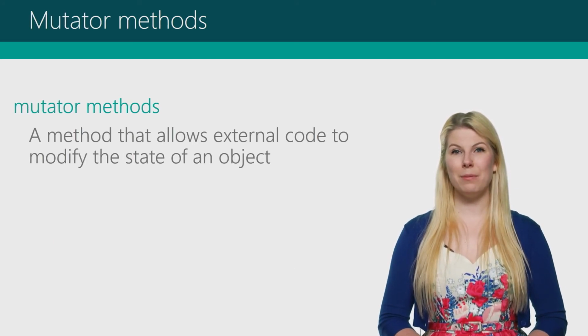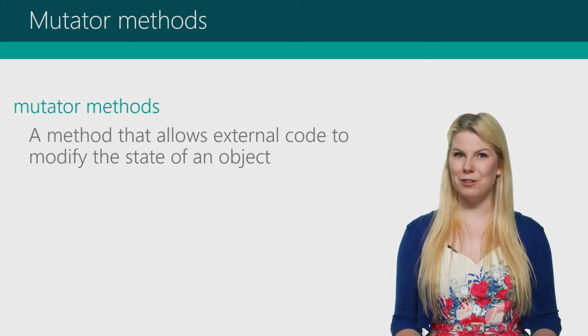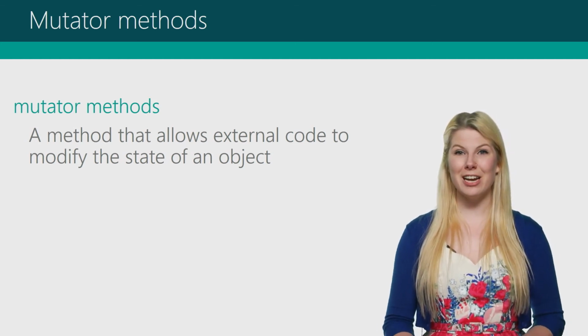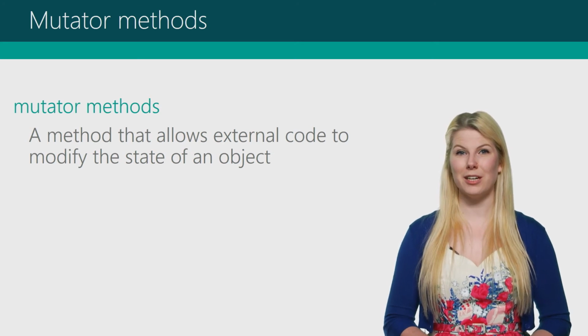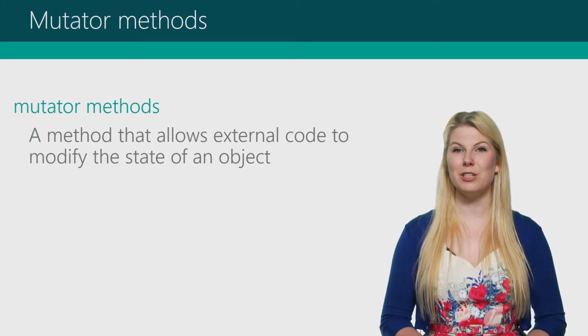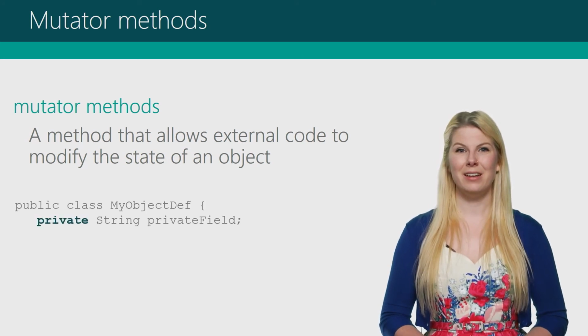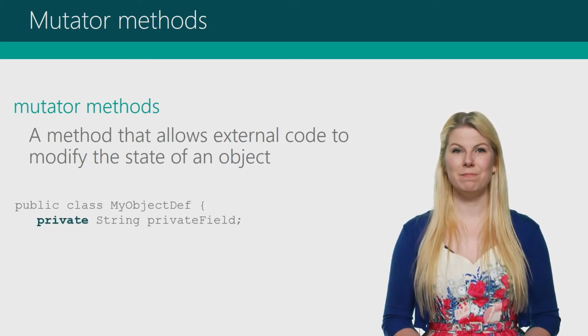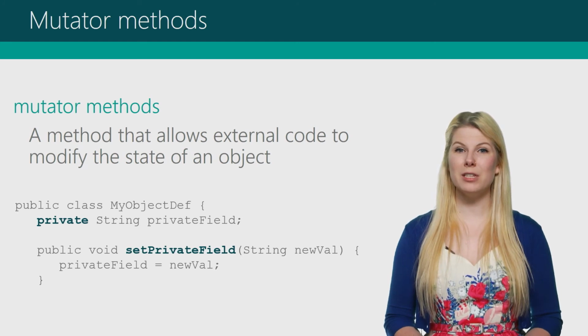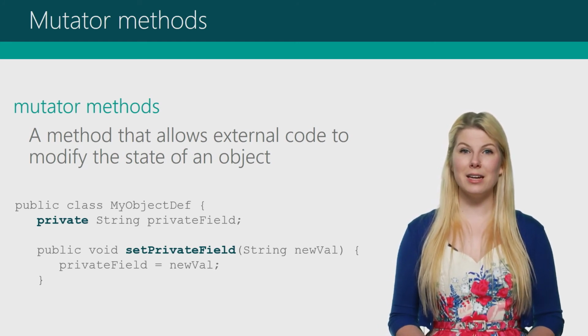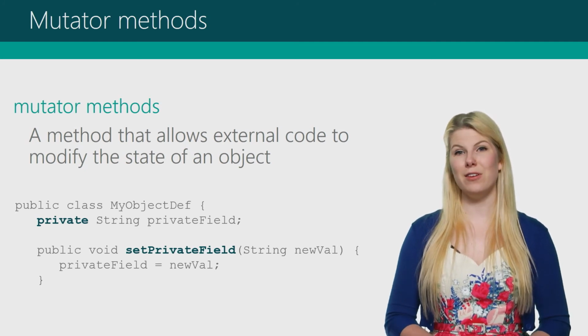The second type of exposing you want to do is called a mutator method. This is where you do let your user engage and actually change the state of your object. But it gives you the freedom to determine how a user is going to change something. Again, let's say we have a private field. Here's an example of a mutator method. As you can see, it does take in a parameter, and then it does alter the value of the field.